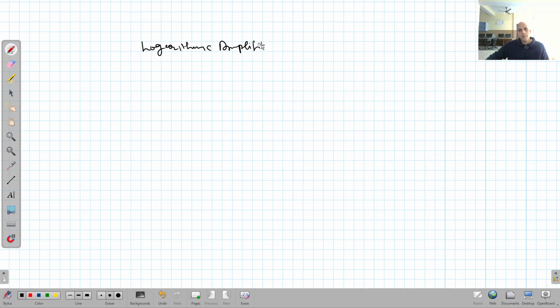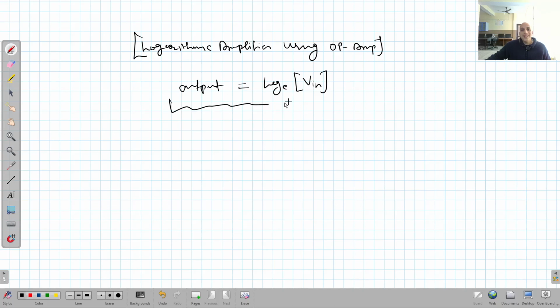In this article I am going to discuss designing a circuit whose output will be equal to the natural logarithm of the input. That circuit will then be called a logarithmic amplifier, right?